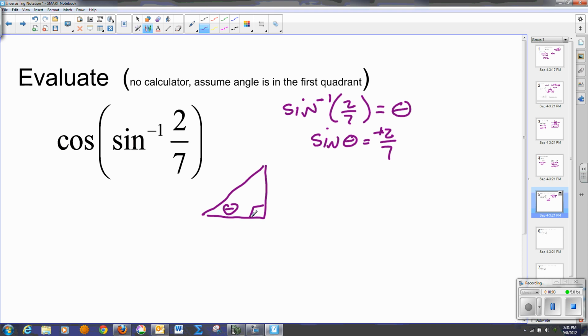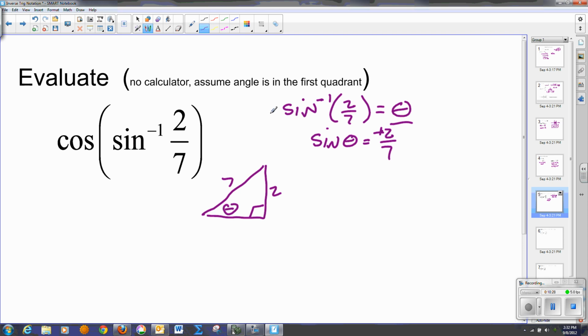Here's some random theta. And we're assuming once again my angle is in the first quadrant. So sine is equal to the opposite over the hypotenuse. Well, here's the opposite of theta, here's the hypotenuse. Using this information, I can now say the following. Notice, I've said that theta is equal to the inverse sine of 2/7.